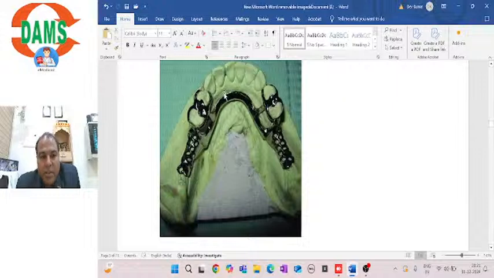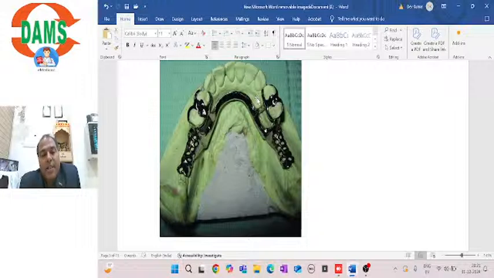Okay, what is the clasp? This is modified crib clasp or the embrasure clasp. Okay, एक बिच्छू की तरह लग रहा है, स्कॉर्पियो की तरह. So you see that it is mainly indicated where, for example, on one side there is Kennedy's class 2 and on the other side there is no modification space, you see that there is a complete total dental component without any modification areas, तो वहाँ पे हम modified crib या embrasure क्लास दे देते हैं, right?